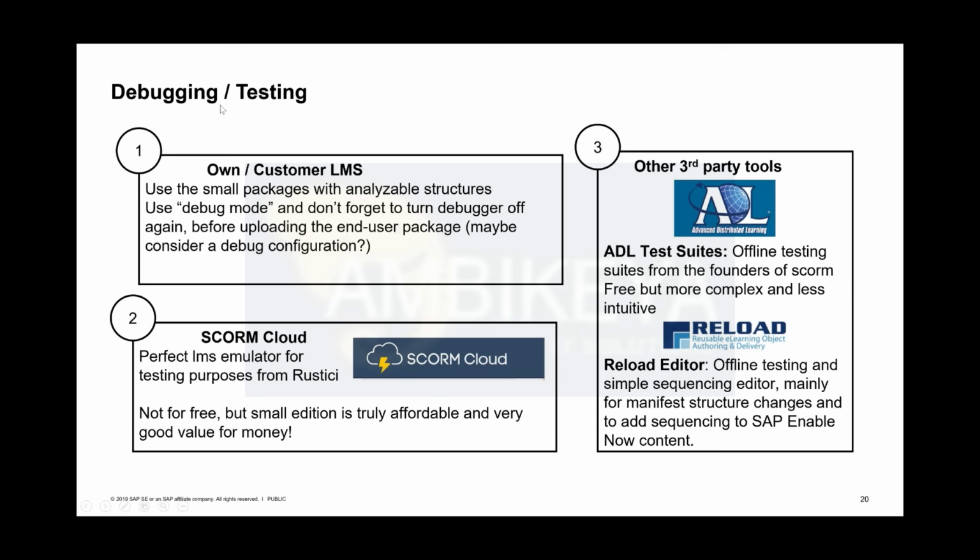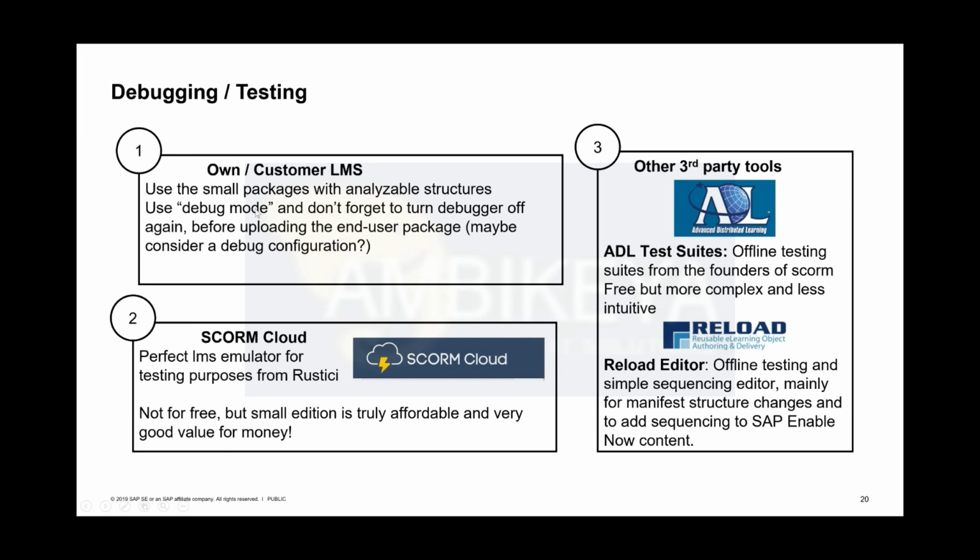So, summary for debugging. If you want to use one of our own ones, the SuccessFactors trial instance or the customer LMS, my recommendation is to use the smallest thinkable packages to start, discuss general structures based on that. Otherwise, you simply lose time when uploading, deploying, starting, clicking through 5 times. You just get mad.